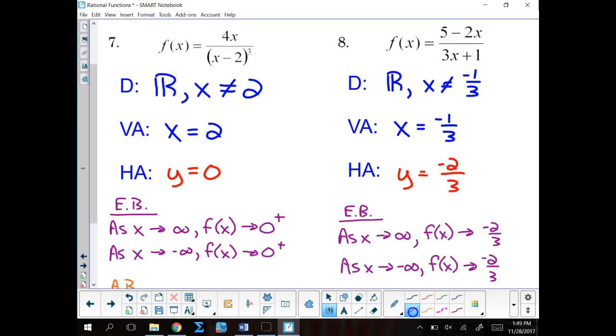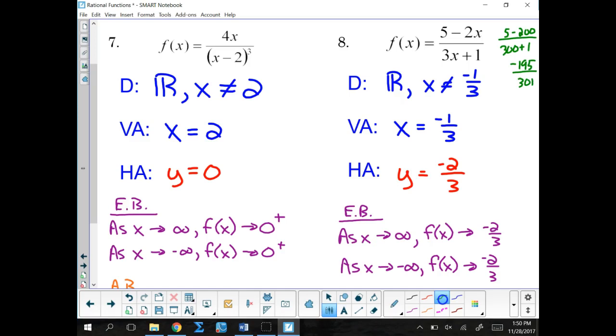Okay? So let's pick a number. Big number. 100. Fantastic. If I put 100 in there, so that's going to be 5 minus 200 over 300 plus 1. So that's negative 195 over 301.